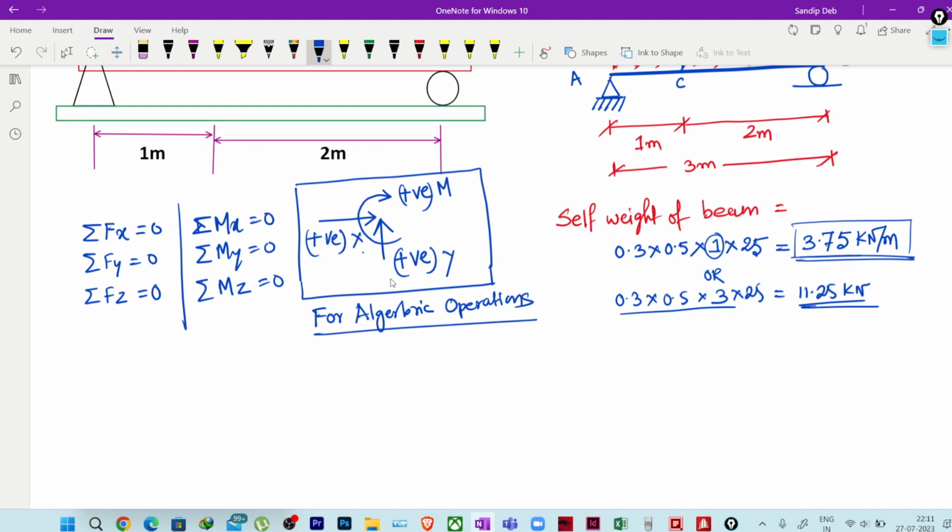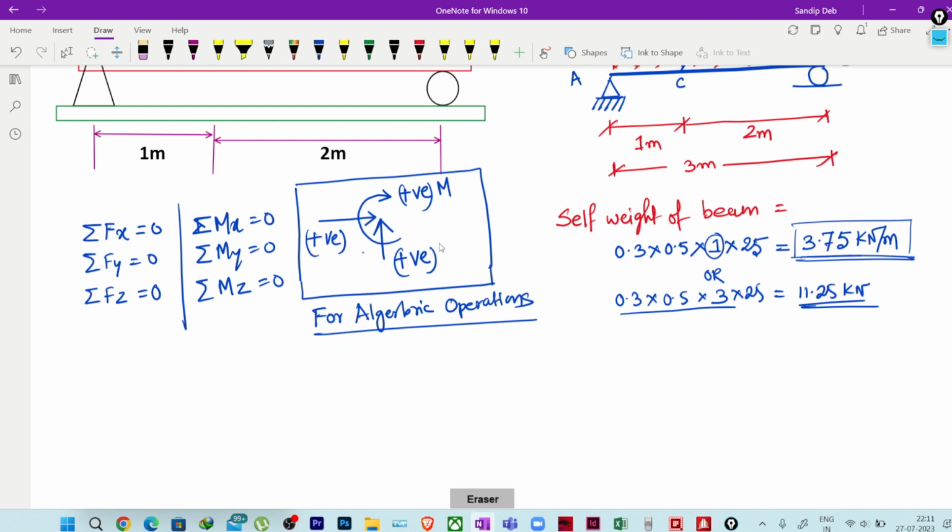We will consider the upward reaction as plus, the left to right reaction or force as positive. This is my moment. If I do not write any axis here, I should write force actually.